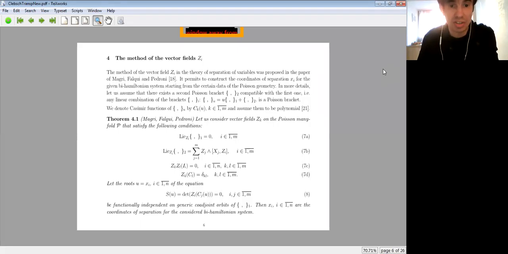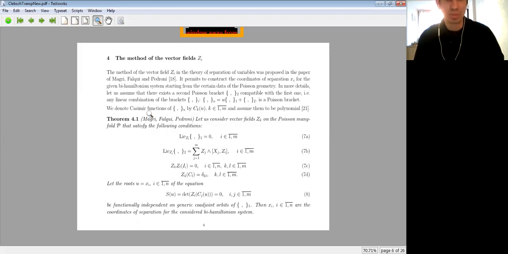In more detail, if you assume that there exists a second Poisson bracket with index 2 compatible with the first one, that is, any linear combination of these two brackets is a Poisson bracket, then we have a so-called bi-Hamiltonian structure, and the bracket with index u is sometimes called a Poisson pencil.